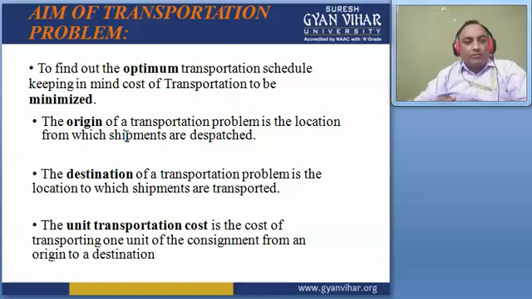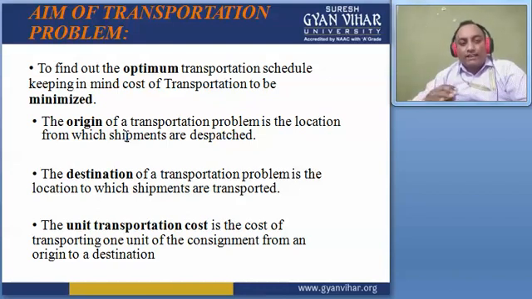First is to find out the optimum transportation schedule, keeping in mind the cost of transportation is to be minimized. The origin of the transportation problem is the location from which shipments are dispatched.